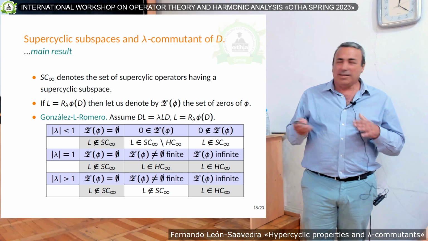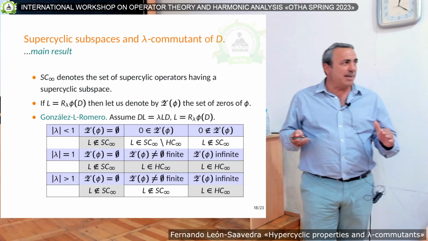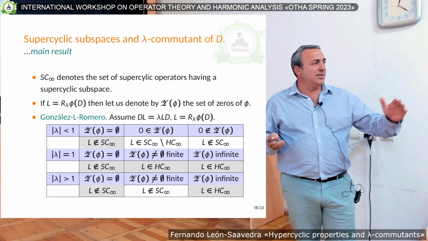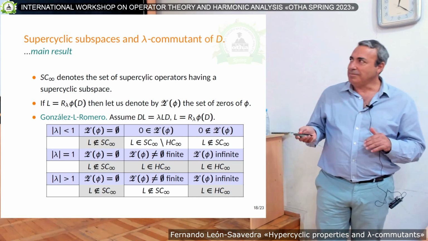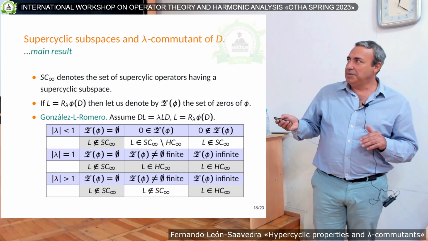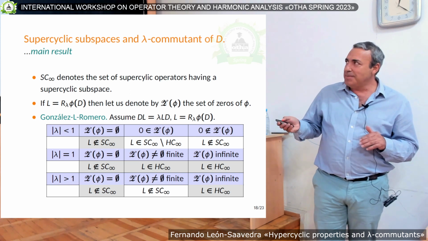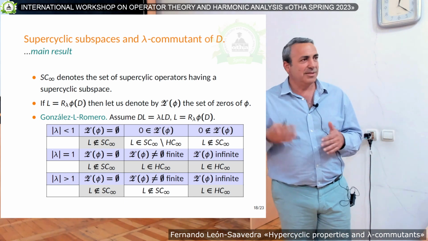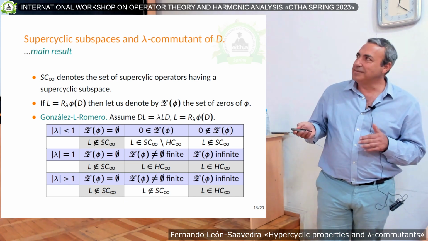It is not the same if the function phi has a finite number of zeros as if it has infinitely many zeros. Each element in the table works with different proofs, and new ideas.